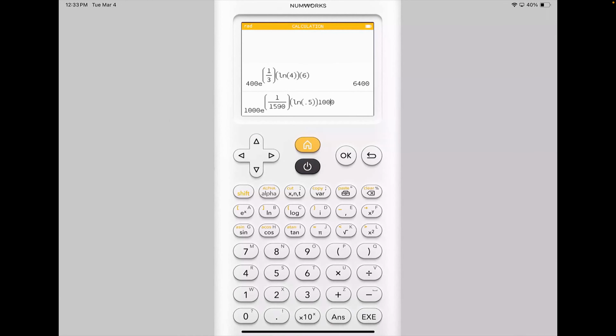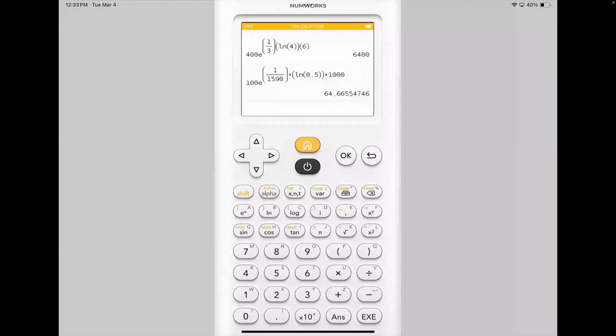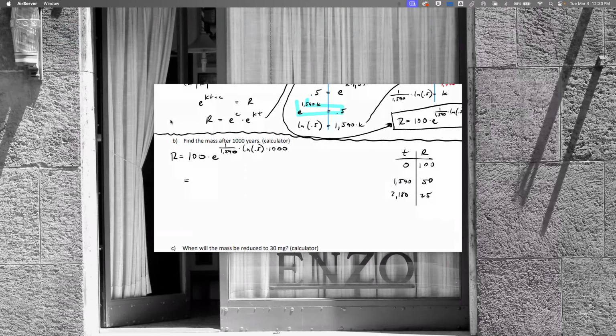Not 1,000, sorry, it's 100. 100 e to the 1 over 1,590 times natural log of 0.5 times 1,000. Usually go 3 spaces. I'd say 3 spaces past the decimal is safe unless they tell you to go differently. So 64.666 milligrams. Okay.